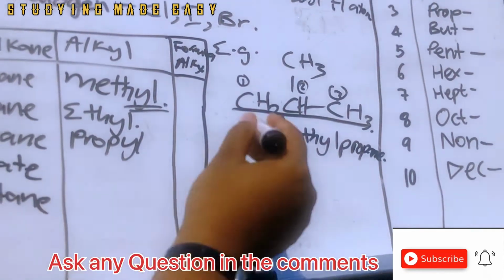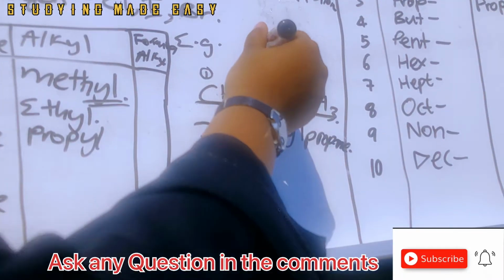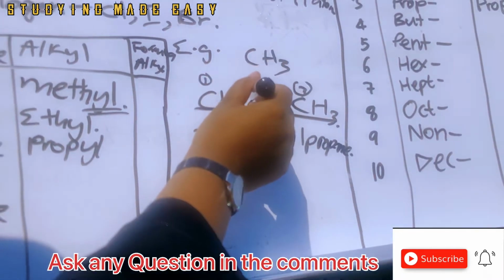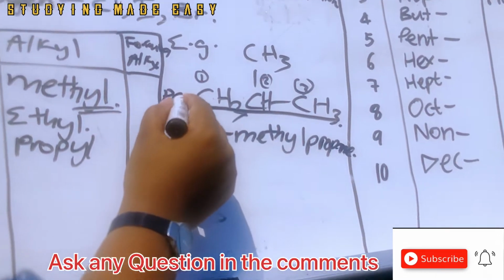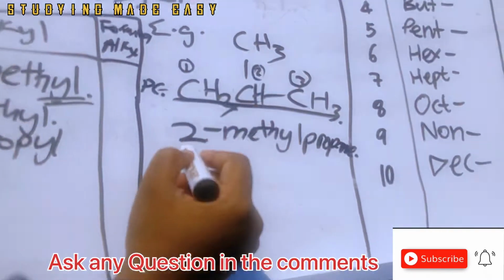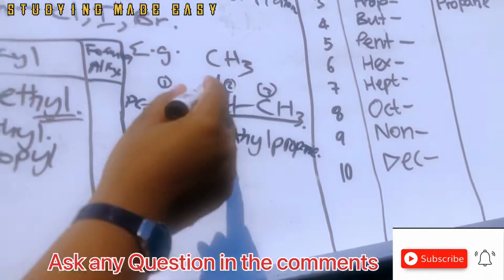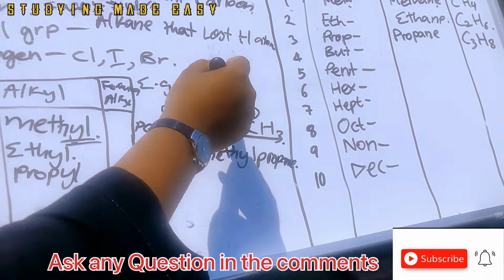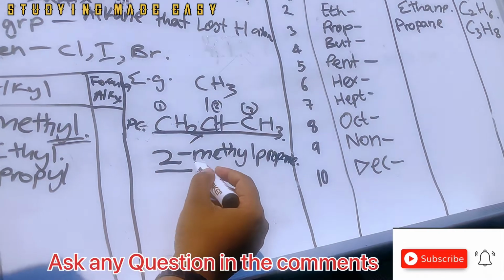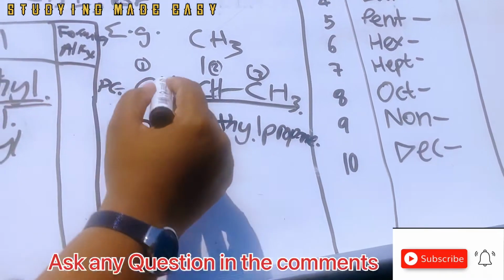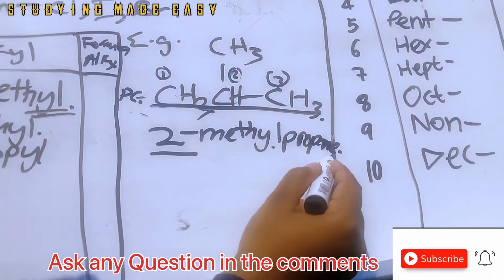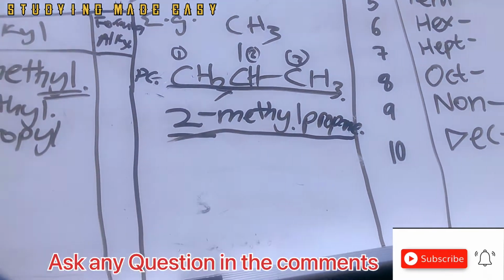So you find the methyl group is attached to the second carbon on the parent chain. So that's where you get the name 2, meaning where it's found. It's found on the second carbon, and then it's a methyl group, so you write methyl. And what's the name of the parent chain? Propane. So we get the name 2-methylpropane.